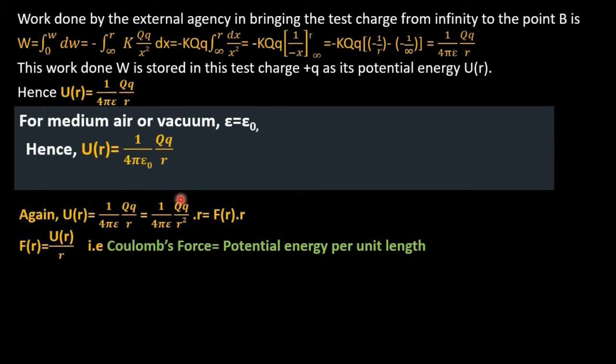Now 1 by 4 pi epsilon Q q divided by r square is nothing but the Coulomb's force experienced by the test charge at a distance r from the source charge. Therefore, Coulomb's force can be written as the potential energy divided by the distance of separation between the source charge and test charge. Therefore, Coulomb force can be defined as the potential energy per unit length.